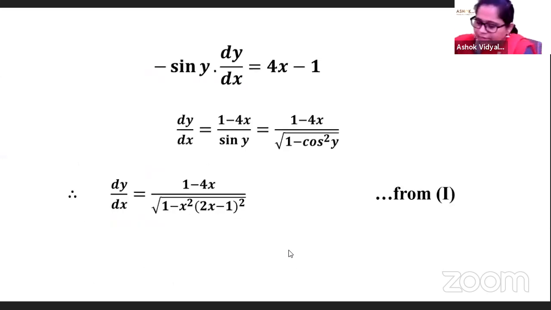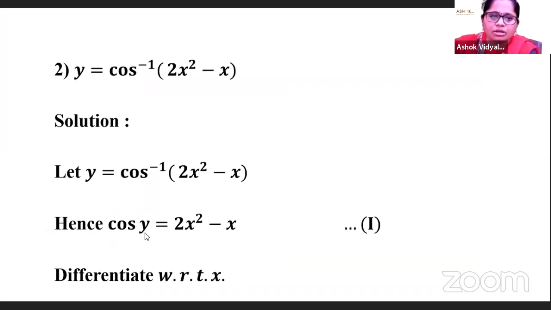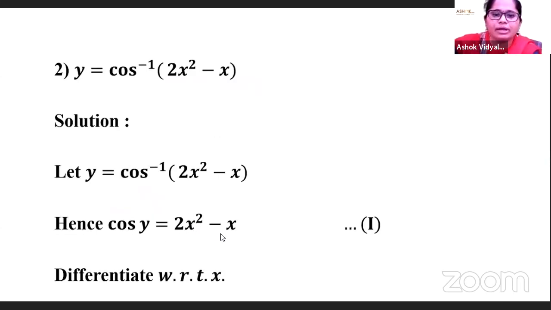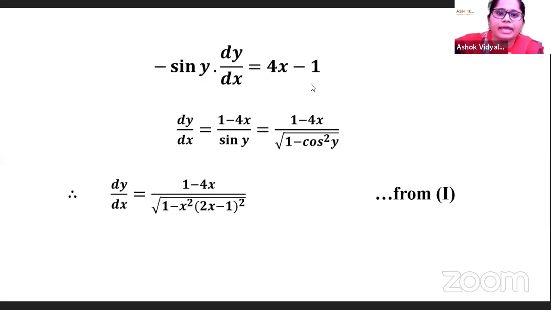Hence, the derivative of cos y is minus sin y into dy by dx, and the derivative of 2x square minus x is 4x minus 1. So dy by dx is 1 minus 4x upon sin y. In this expression, we replace this sin y.